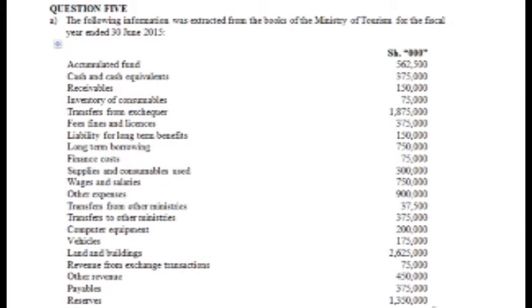Required 1. Statement of financial performance for the year ended 30 June 2015, and 2, statement of financial position as of 30 June 2015.